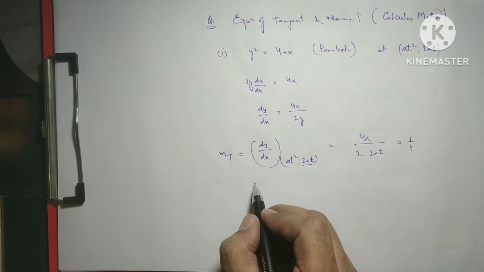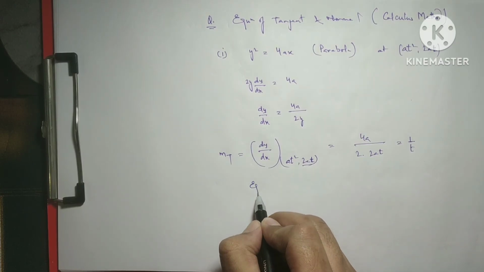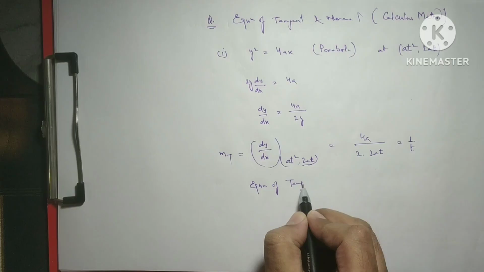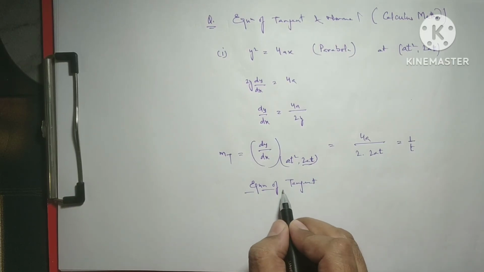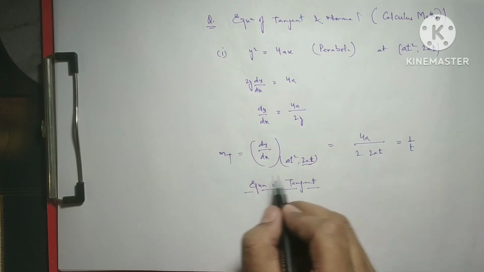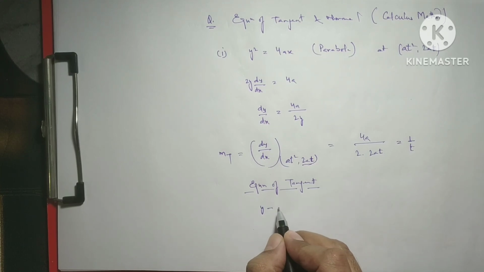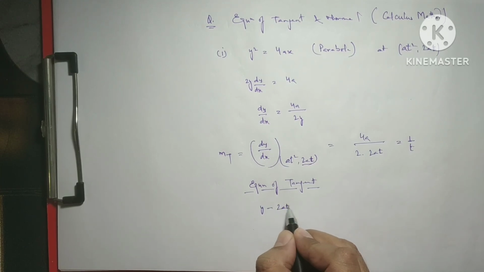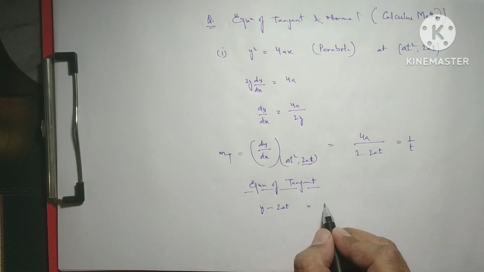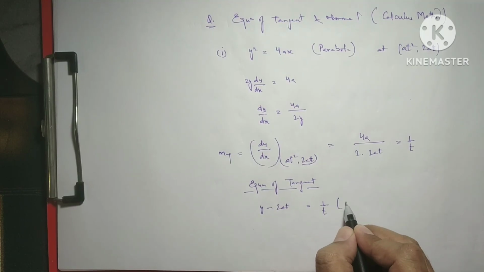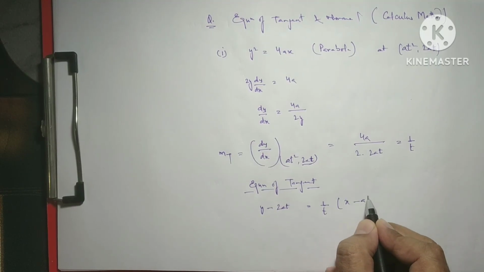Right, now we want the equation of tangent. So using point slope form, we have slope and point both. So y minus y1 means 2at, equals mt, that is 1 over t, times x minus x1, that is at square.